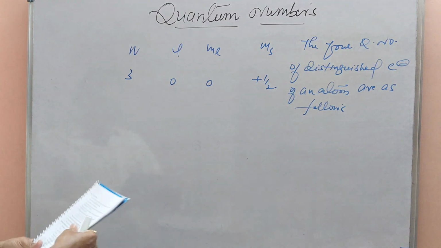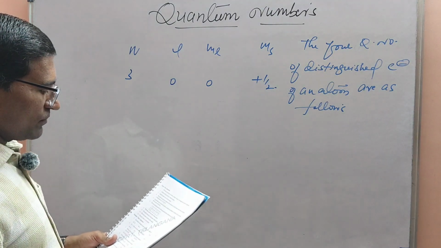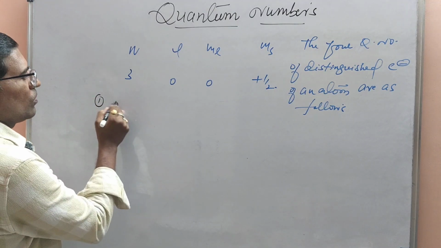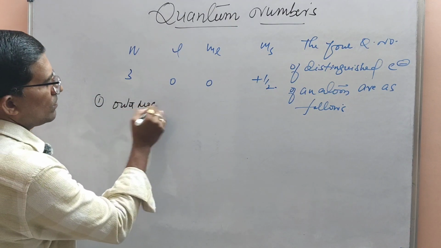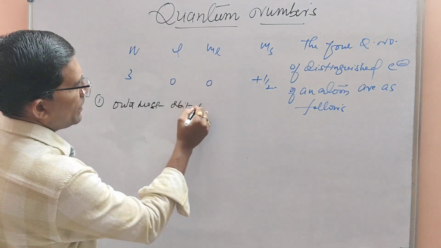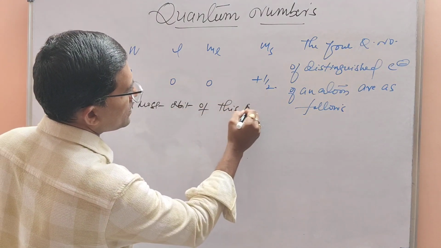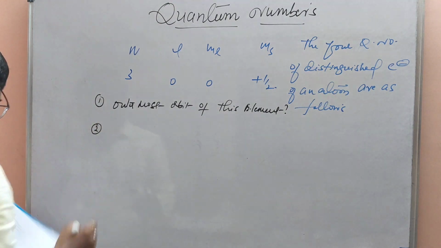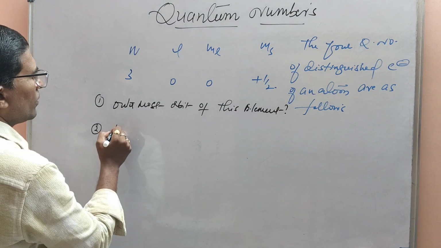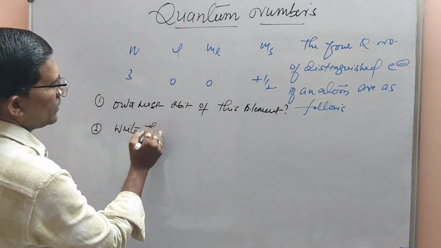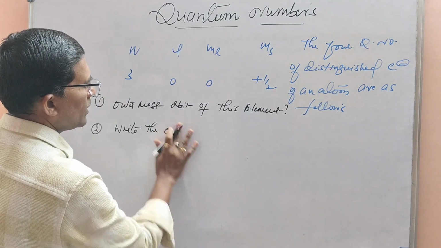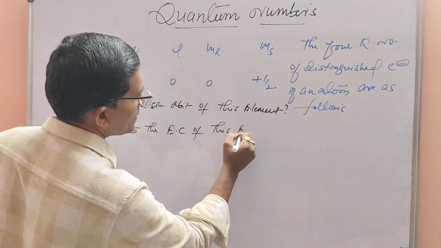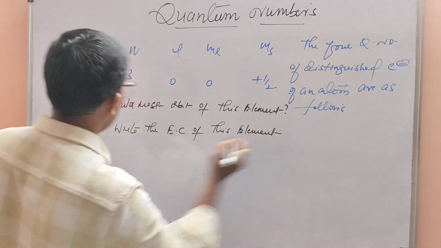The first question is, write the outermost orbit of this element. The second question is, write the electronic configuration of this element.